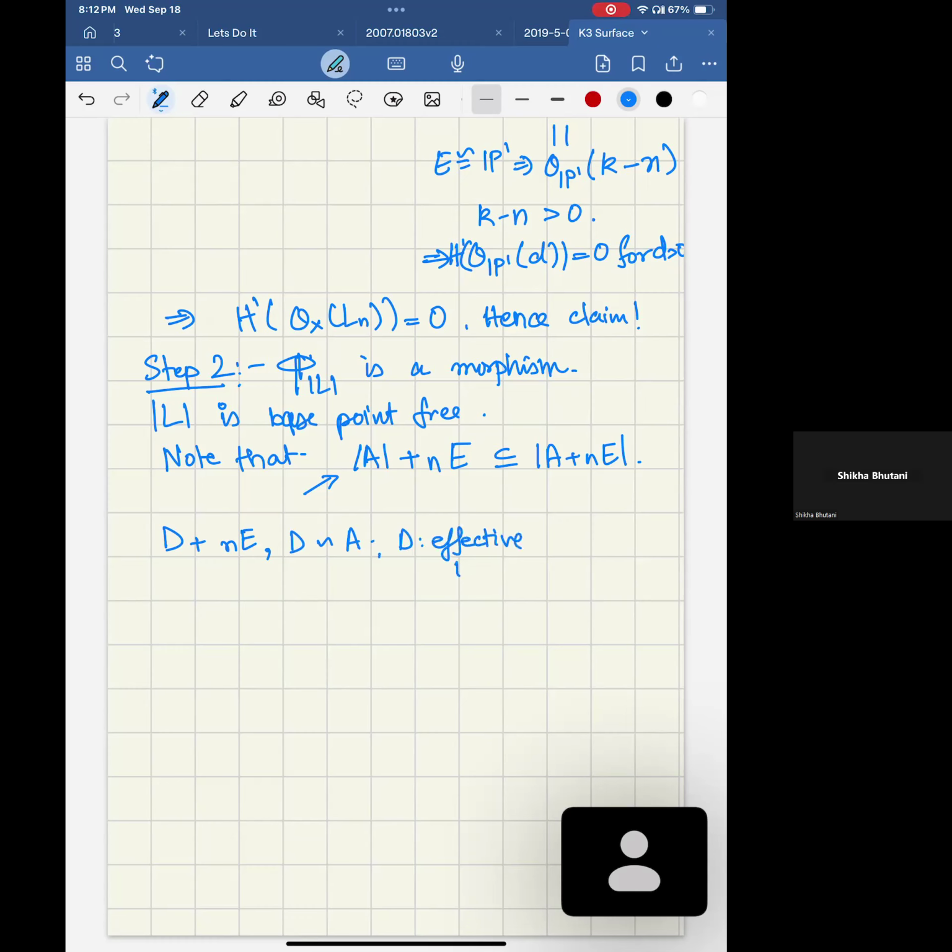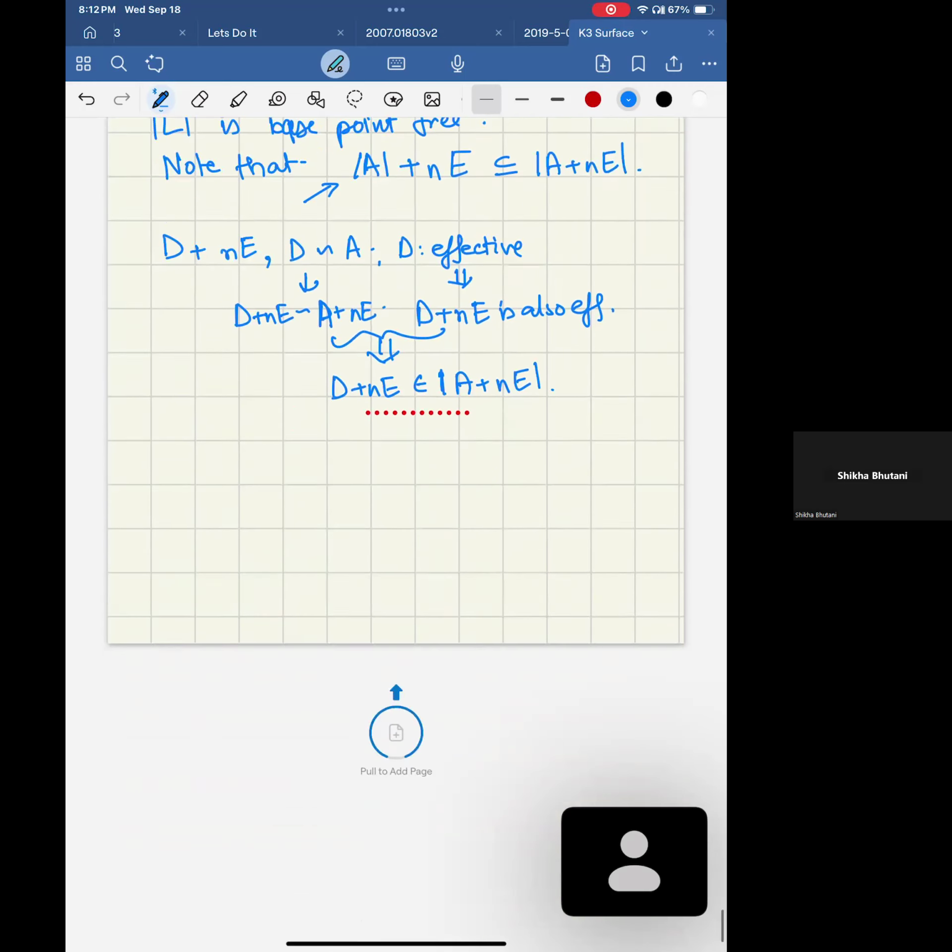Now this gives me that D plus nE is also effective, right? And since D is linearly equivalent to A, D plus nE is linearly equivalent to A plus nE. Well, these two things together give me that D plus nE indeed belongs to the right hand side, the linear system of A plus nE.